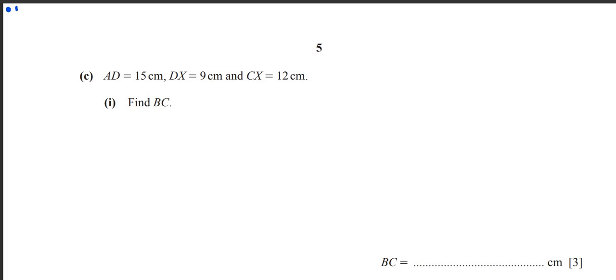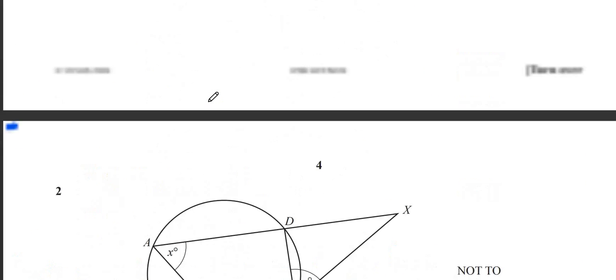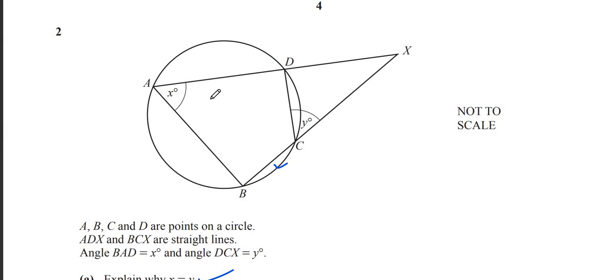So now moving on to part C, it says that AD is equal to 15, DX is equal to 9 and CX is equal to 12. Find BC. So how will we do it? First of all, the value of AD is 15, the value of DX is 9, the value of CX is 12, and we need to find BC.